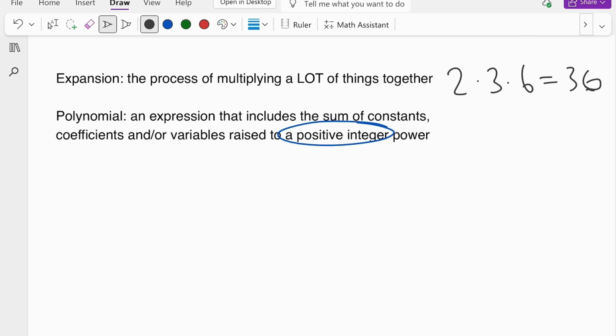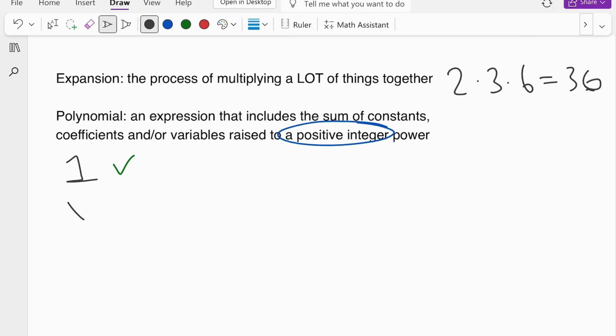Now, if they ask you, is 1 a polynomial? Well, surprisingly, yes, because it's a constant. And remember, to be a polynomial, you just have to be at least one of these things.